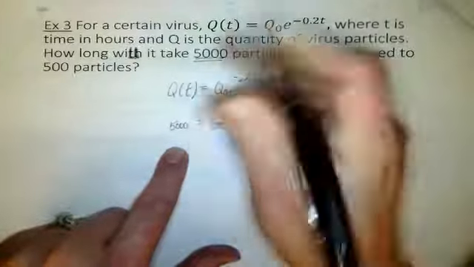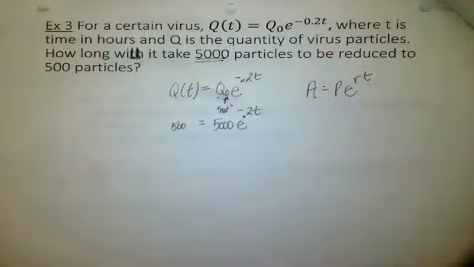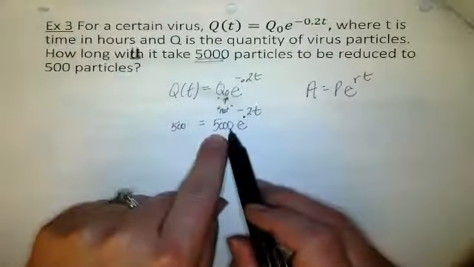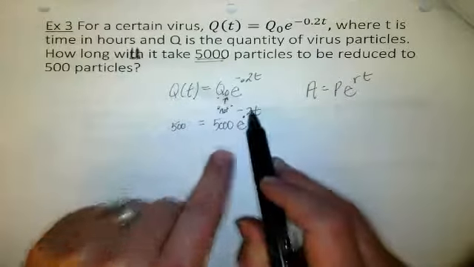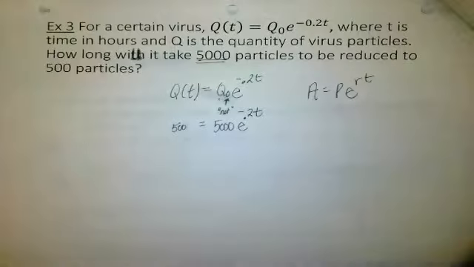And you'll notice that the r is negative, because our virus is reducing in size. We're starting high with our initial amount, and because we're decaying, we'll be decaying to 500 particles. It's just notation. It literally just means initial quantity, the starting quantity.